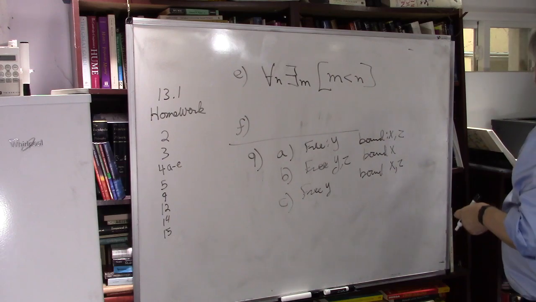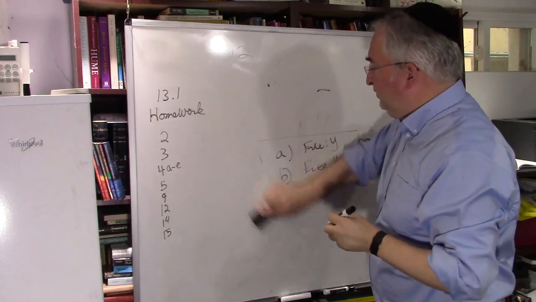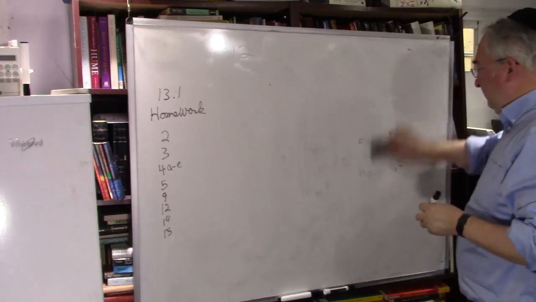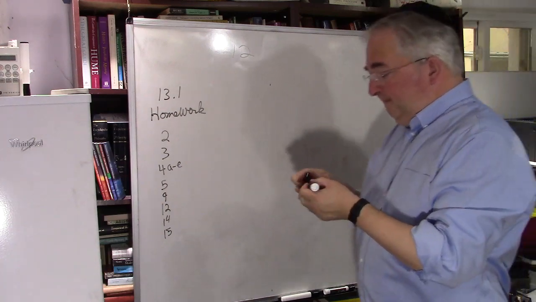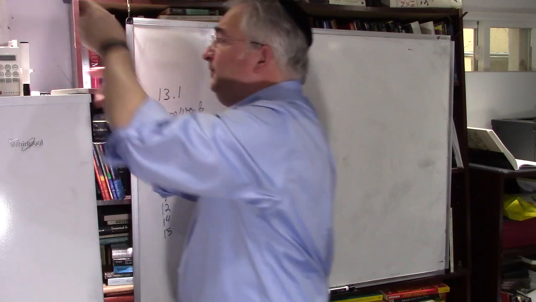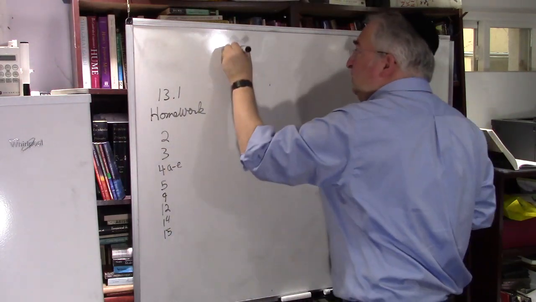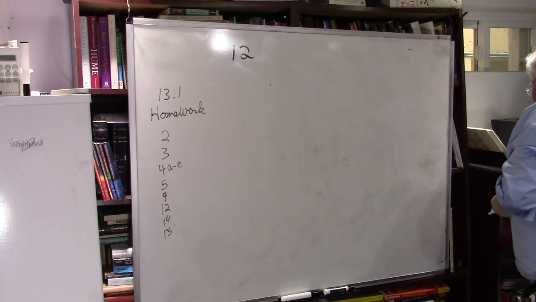Now we're up to 12. Oh, that's no good. That's no good at all. Let's see what 12 is. Okay, number 12.